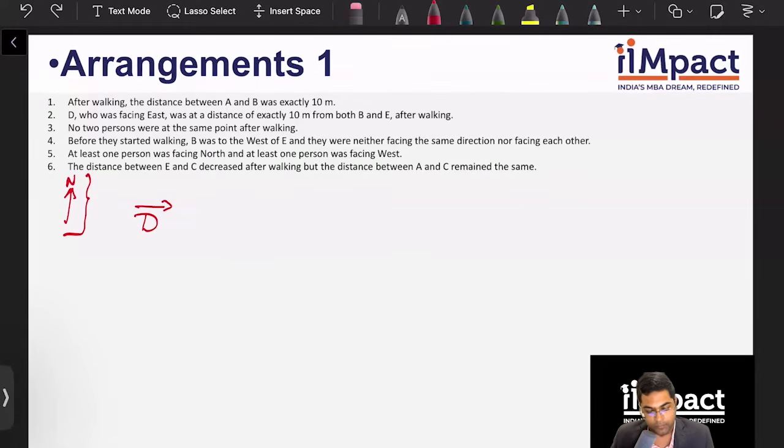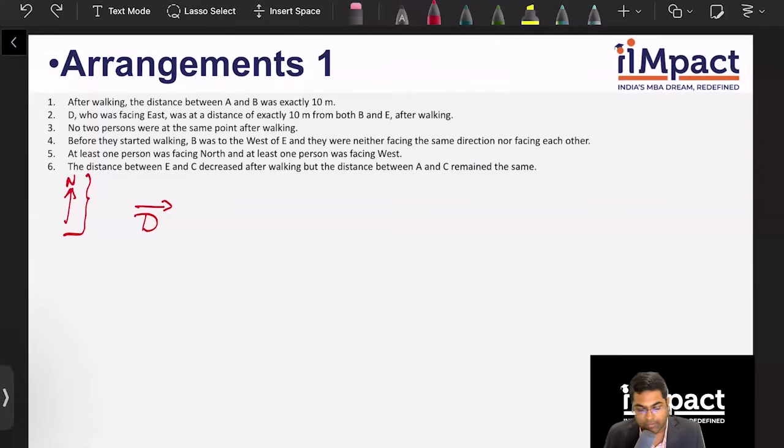Point number 4. Before they started walking, B was to the west of E and they were neither facing the same direction nor facing each other. I think this point 2 and point 4 together is what will help you crack this case. Now, guys, I know that B is to the west of E before they started walking, right? And I know D is at 10 meters distance from B and E after walking.